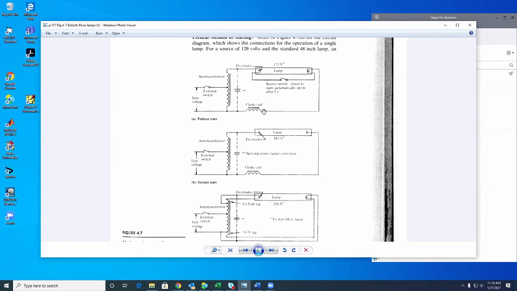And then once the discharge is running, we need a choke coil, which is a manner to limit the current, because you see the electric discharge, it's a nasty element. As a circuit element it is going to be non-linear.